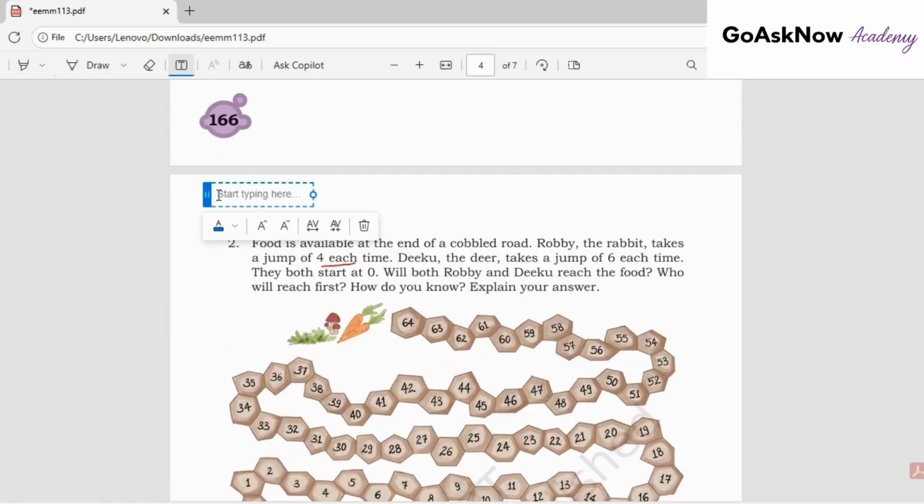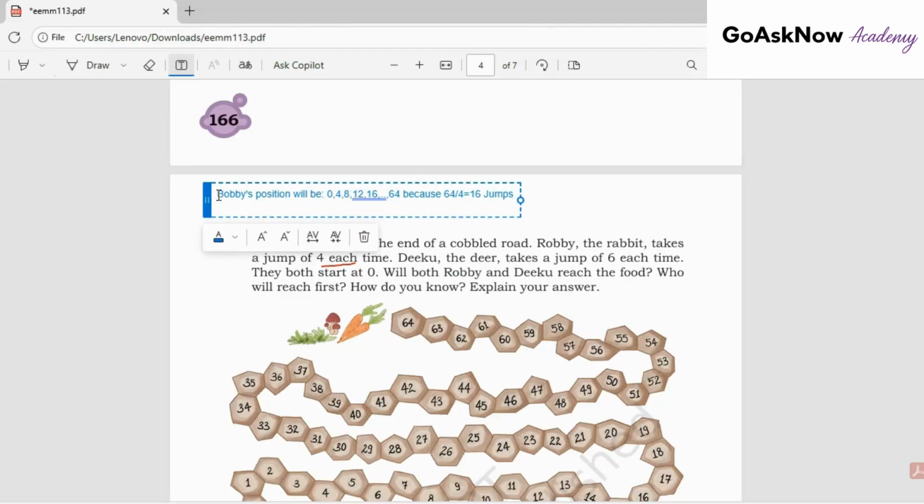First, Ravi jumps 4 steps and Deepu jumps 6 steps. Ravi's position will be 0, 4, multiples of 4, 12, 16, up to 64, because 64 divided by 4 is equal to 16 jumps.